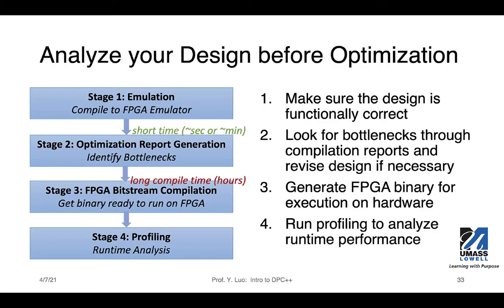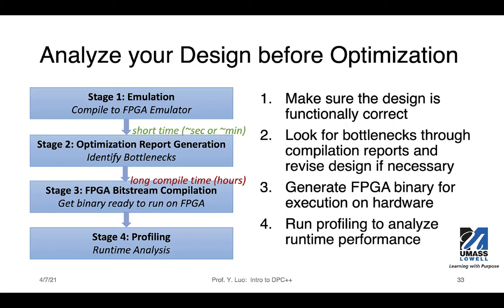We talked about this design flow. We have several stages starting from emulation and then optimization report generation. If we are ready to implement the design on an FPGA, we need to perform compilation to generate FPGA bit streams. And this usually takes a long time.